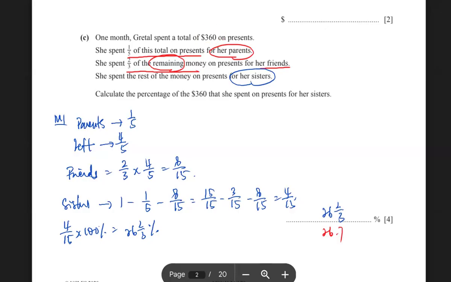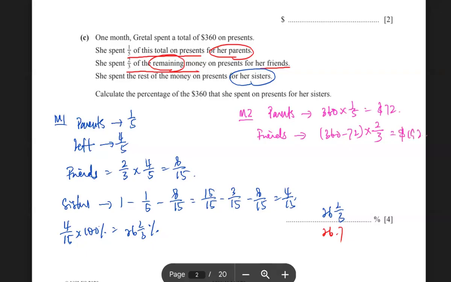Method 2, if you want to use the $360. For parents, she spent 1/5 of the 360, and that's $72. Then she spent 2/3 of the remaining. So we figure out how much remains first. That will be 360 minus 72, and she spent 2/3 of this, so times 2/3. We figure out it's $192.